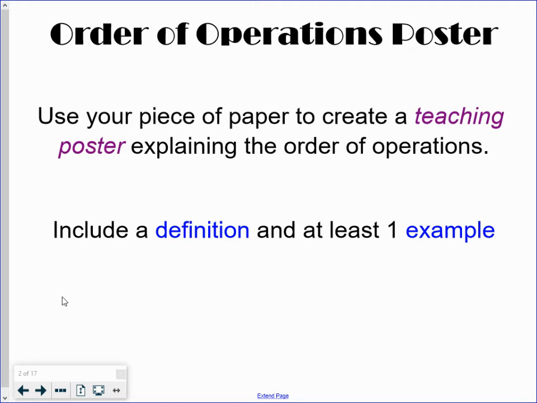So on this, you should be explaining the order of operations, including a definition. And what I mean by definition is, if someone said, what is the order of operations? What sentence would you tell them? And you should have at least one example.